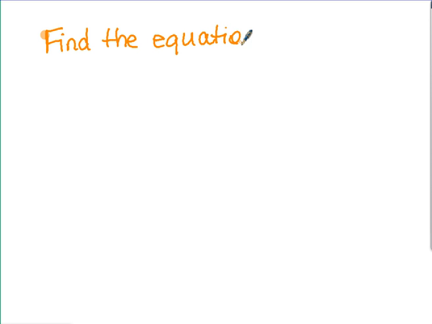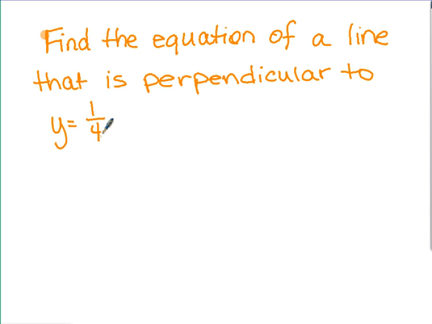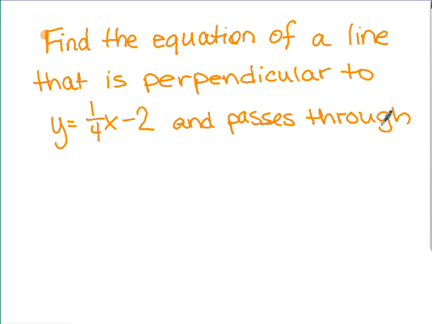The next example, I would like for you to find the equation of a line that is perpendicular to y equals 1/4 x minus 2 and passes through (1, 2).